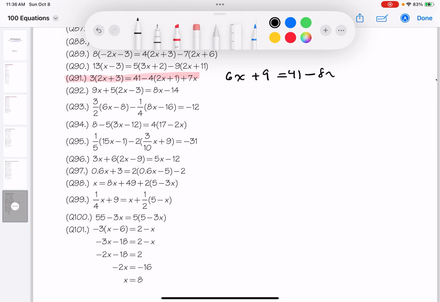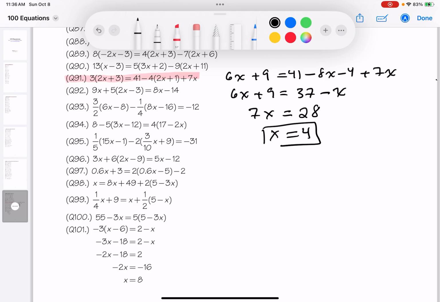So you get 8x minus 4 plus 7x, 6x plus 9. And let's see, 41 minus 4 is going to be 37. And minus 8x plus 7x is just minus x. I'm going to add x to both sides, that's 7x. I'm going to take away 9 from both sides, and that's going to be 28. All right, x is 4.